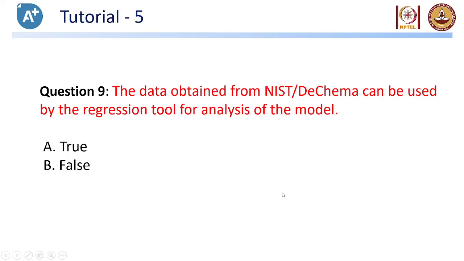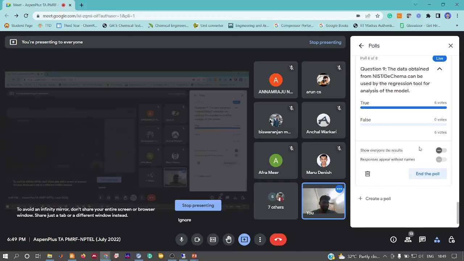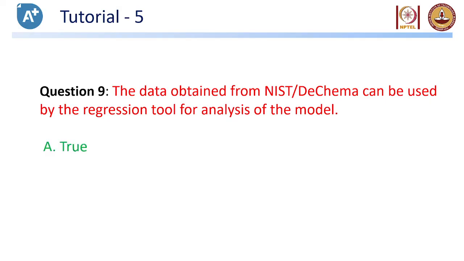Fine. The available data, in one of the sessions, professor had actually covered how do we model and all that. So with the available data from NIST or DECHEMA, we will be able to find the binary interaction parameter for the given component. Okay, we will be able to do that.